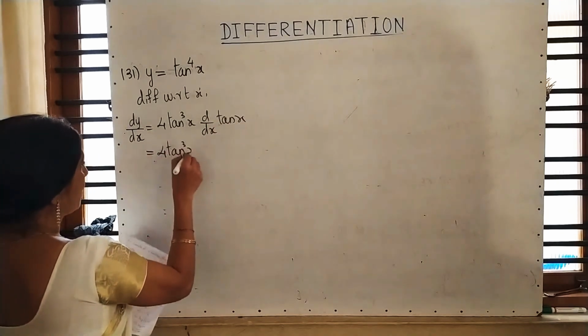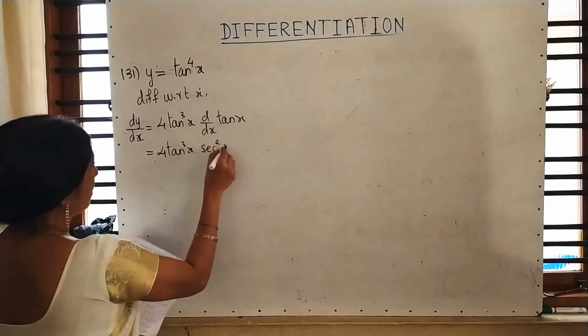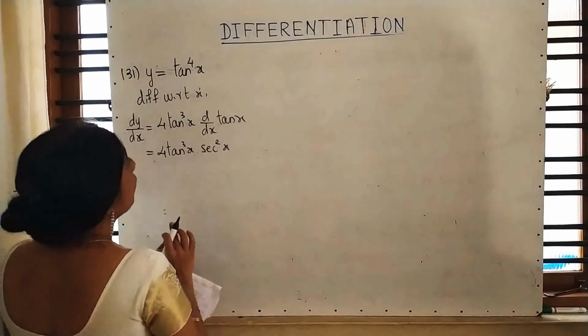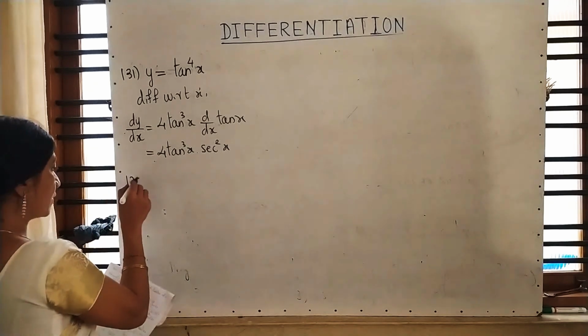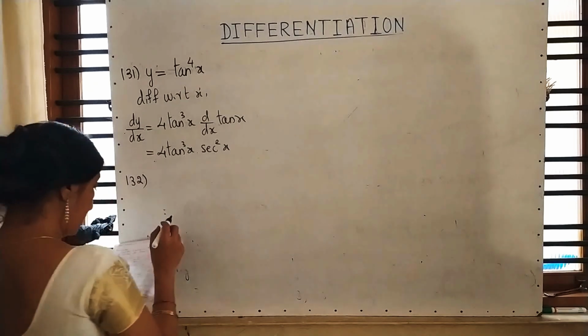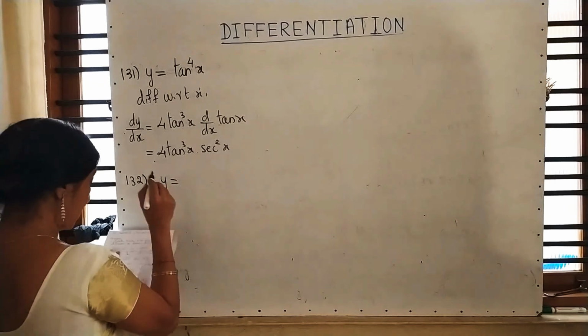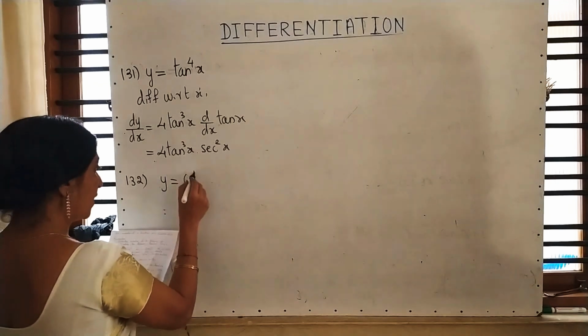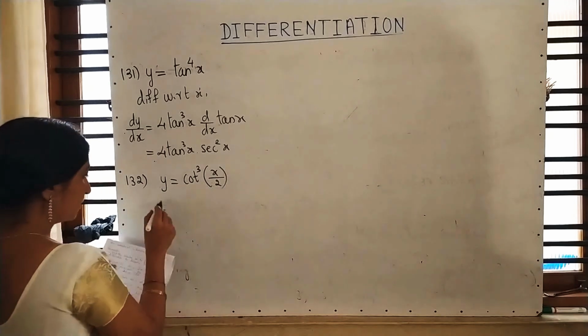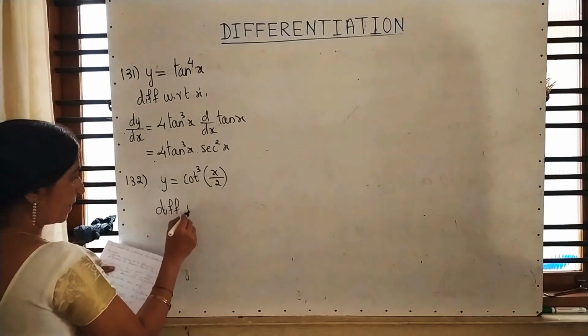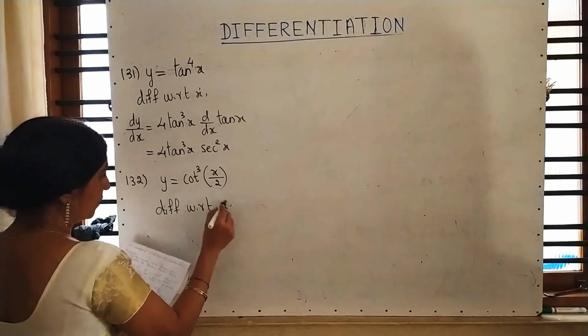Differentiation of tan x is secant square. Here I am not differentiating the angle because it is x, and you know that differentiation of x with respect to x is 1. That's why we are not differentiating. If it is other than x, we are differentiating. Yes, first what differentiation? Power.